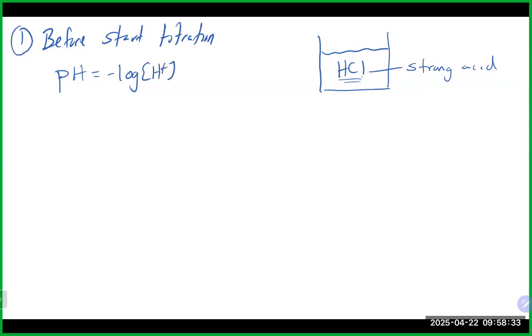Because this is going to break apart into H plus and Cl minus, you will have the H plus concentration from the strong acid, and basically all you have to do is go right in there and get your pH. All right.